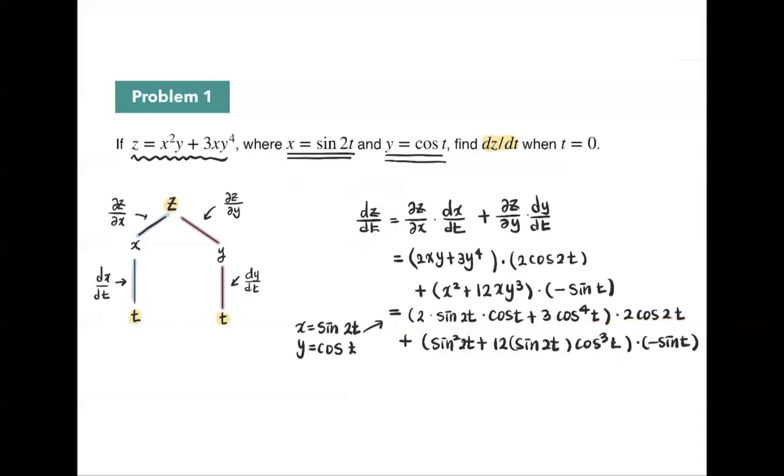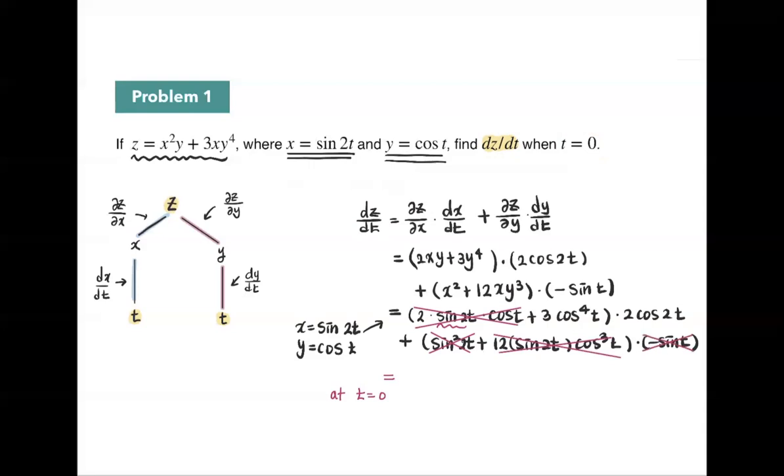And we want to find dz/dt when t equals 0. If we calculate it at t equals 0, sine t is 0, so those terms vanish, we don't need them.